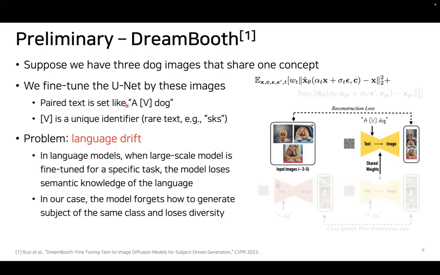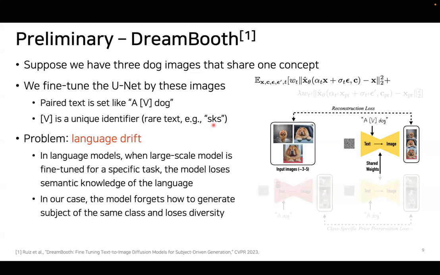The paired text is like "a V dog", and at this time V is a unique identifier, which is practically set to SKS. Does anybody know what SKS is? Yes, that is the unique identifier. So thank you.